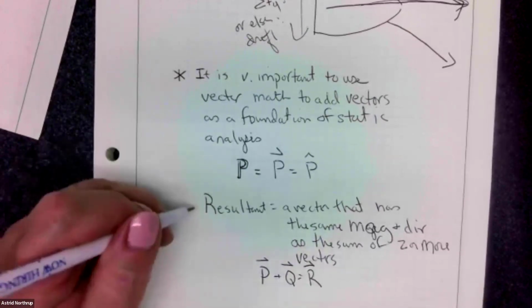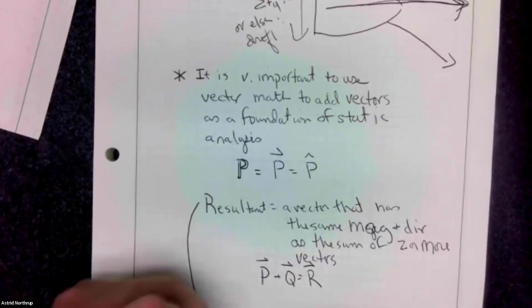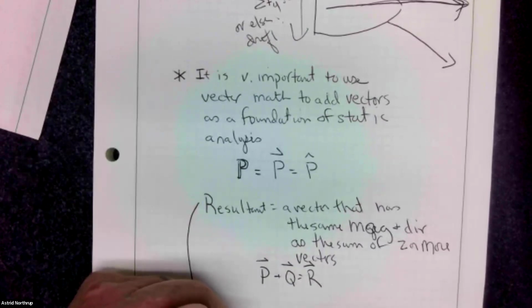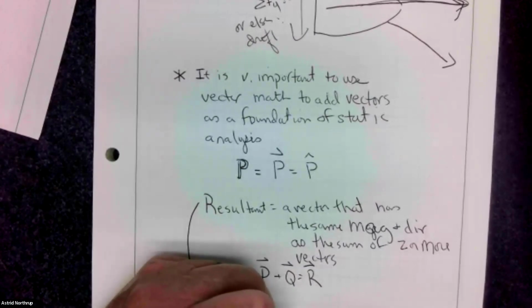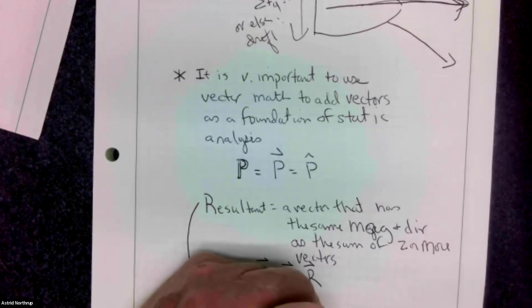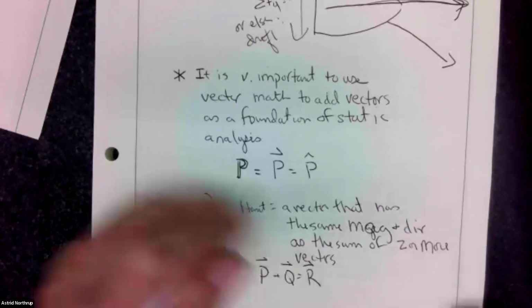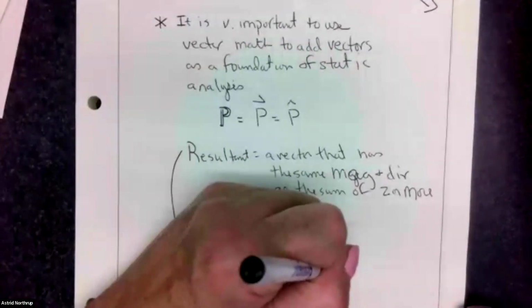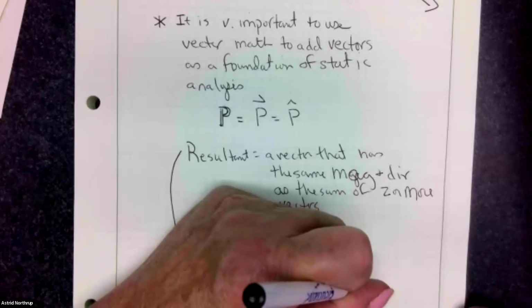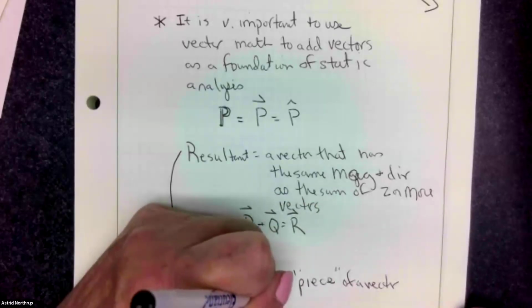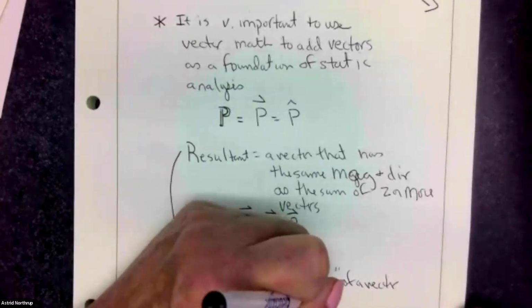Okay, so kind of the inverse of resultant is a component, which is the, I'll put this in air quotes, piece of a vector in a particular direction.